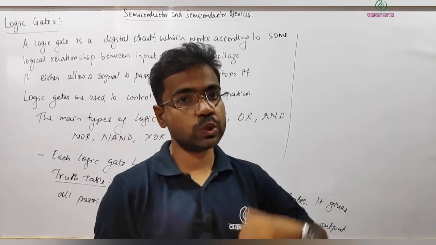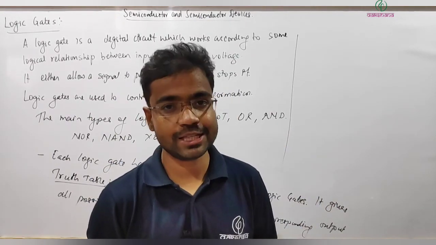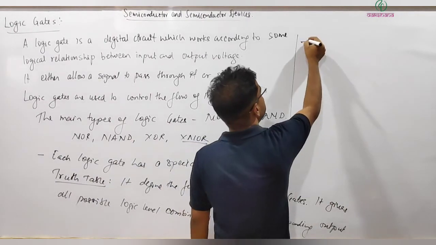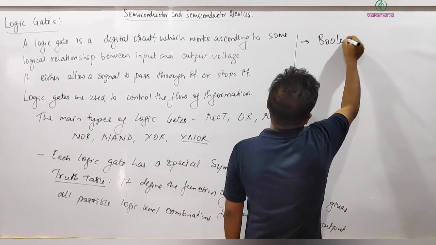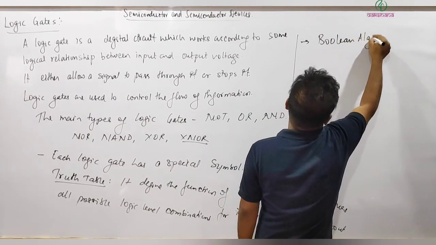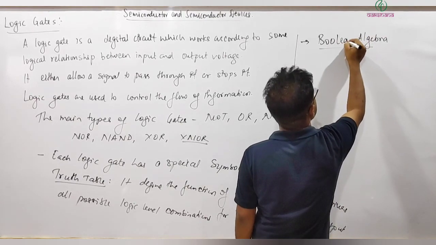To understand this in mathematical terms, there is a proper mathematics for that, and we call it Boolean algebra. This also sometimes helps in understanding and solving problems.